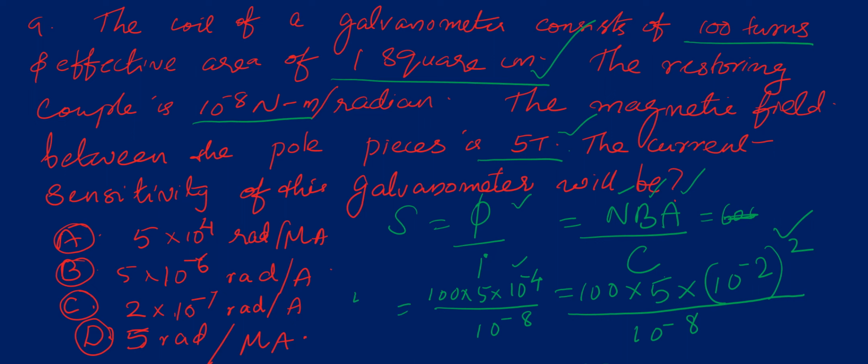When we calculate, we will get 5 divided by 10 raised to minus 6, or we can write it as 5 radian per 10 raised to minus 6 ampere, which is micro ampere. So answer is 5 radian per micro ampere. Option D is the correct one.